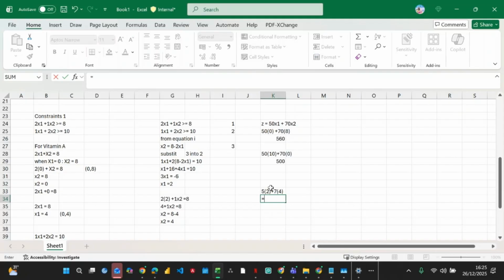So I can just do this. 7 times 4 equals what? 28. Then this times this is 10. So I can say it equals 10 plus this, which equals 38. Right?